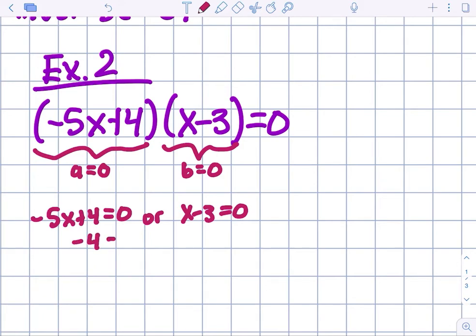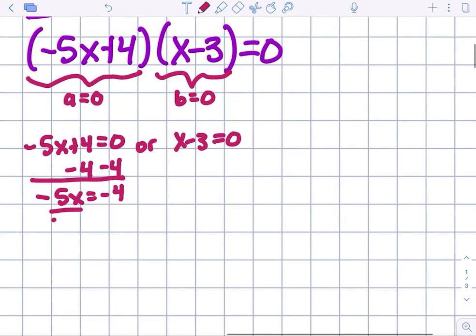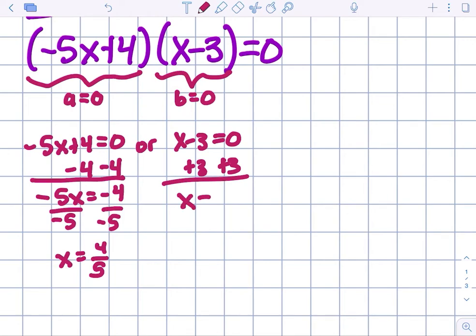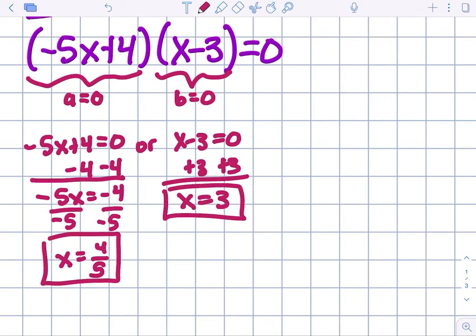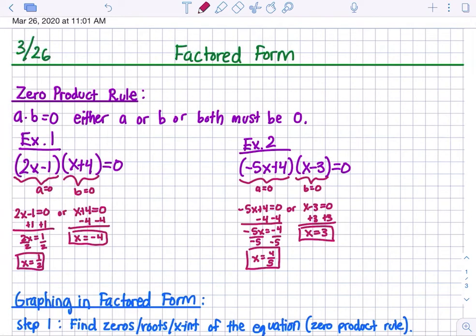For this one, subtract 4 from both sides, and then divide both sides by negative 5. x is equal to 4/5. This one over here, add 3 to both sides, or x is equal to 3. So 4/5 or 3 will make our whole equation become 0. So that's your guys' first one.